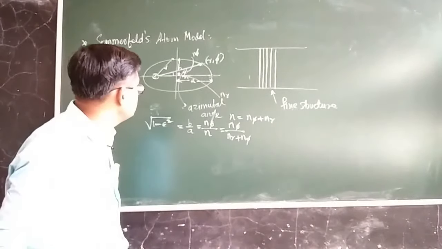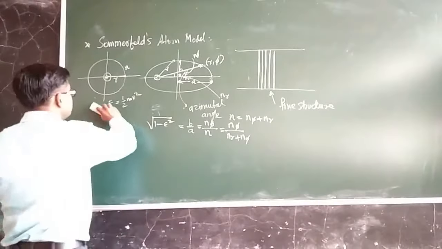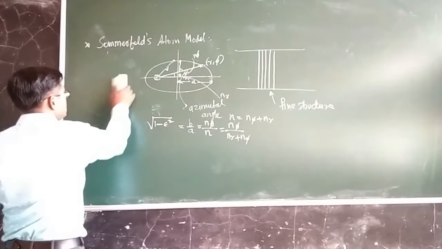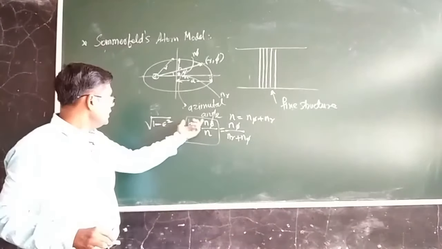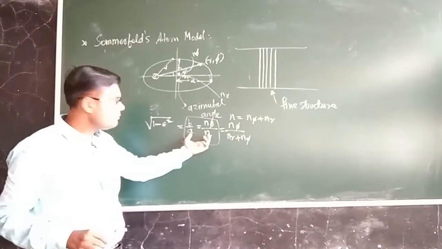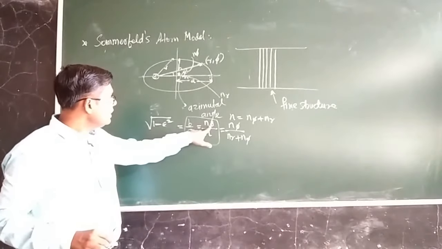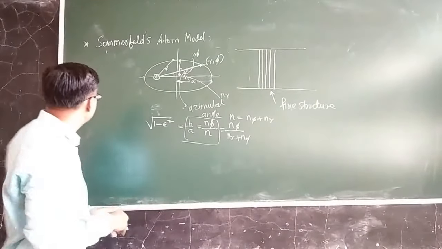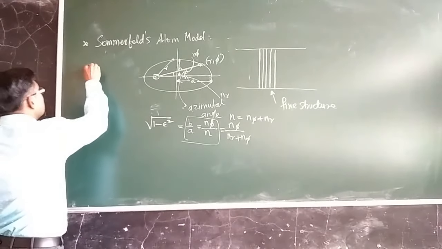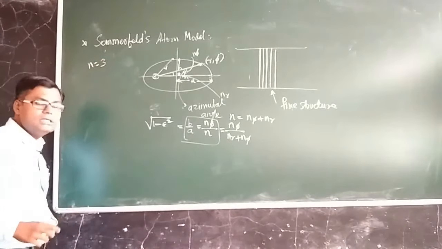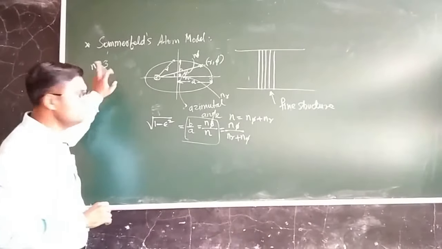So what will be the advantage of that, or how can we explain the origin of the spectral lines, the five spectral lines of the H alpha line? Let us focus on this bracket: b by a is equal to n phi divided by n. Suppose that the electron is in the third orbit, for which n equal to 3.